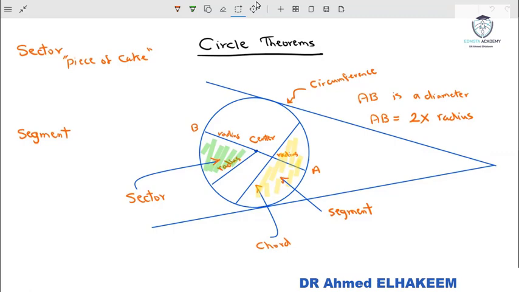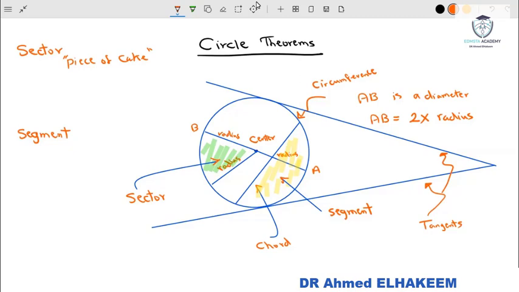These lines. Tangents? Yes, these are called tangents. And that one is circumference. Okay, so these lines are called tangents.